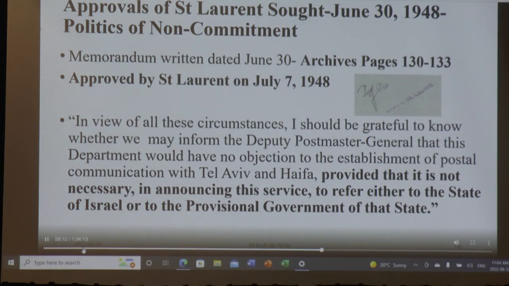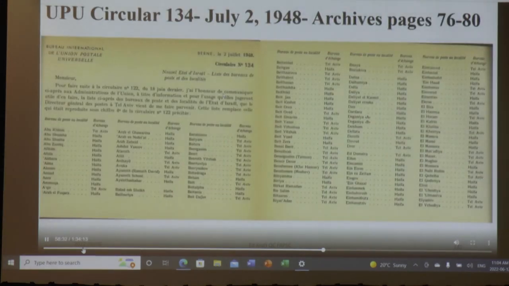And here are the important words: provided it is not necessary to refer to either the State of Israel or the provisional government of that state. And you see, I excerpted from the documents in the archival material, that is Louis Saint Laurent's signature with his label underneath saying he agreed with that position.